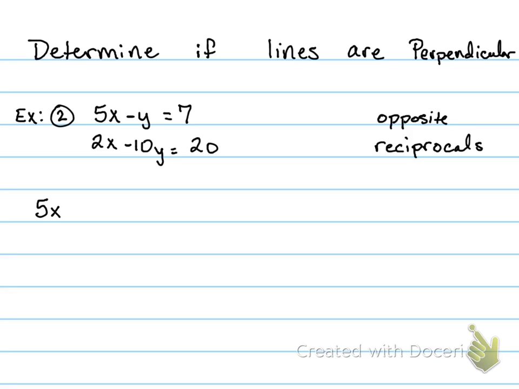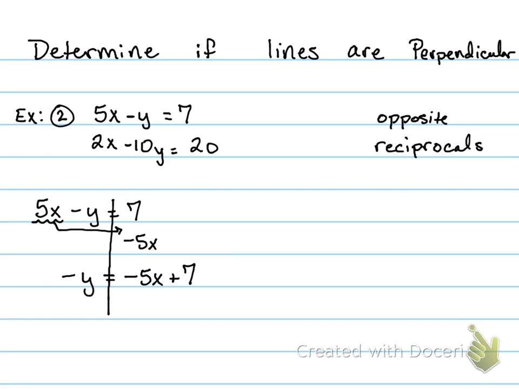Okay, so 5x minus y equals 7. Again, we need to get this into just y equals form. So I need to move my 5x over to the other side by taking negative 5x. Again, I cannot combine 7 with a 5x, so I have to leave this as negative 5x plus 7.